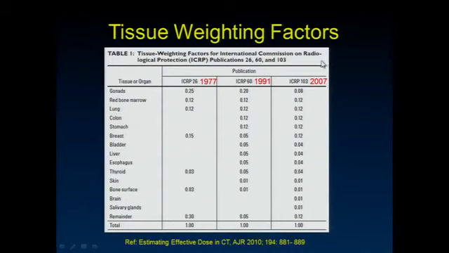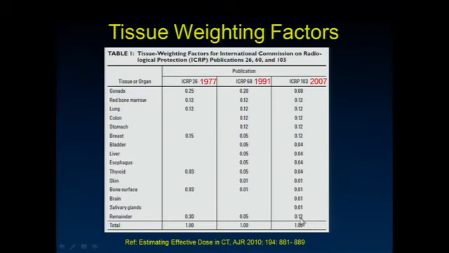So here are those tissue weighting factors. Here's 1977, here's 1991, here's 2007. Notice these all add up to 1. In other words, the distribution that the entire body sees is a value of 1 quantity, but notice that things like the bone marrow weigh quite a bit higher than the surface of the skin, which is 0.01, because the skin is relatively radiation insensitive, while the bone marrow is quite radiation sensitive.